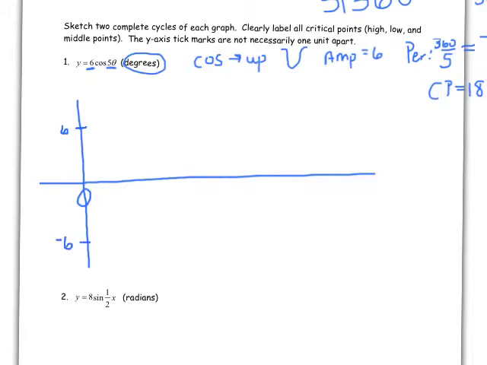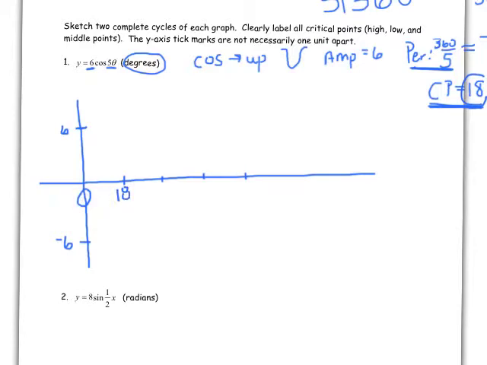And we also know that we're going to have 4 ticks to reach 1 period. So this is going to be 1 tick, 2 tick, 3 tick, 4 tick. Remember that you have your starting tick and then 1, 2, 3, 4. So that first one is 18 degrees after we started at 0. So this is 18.